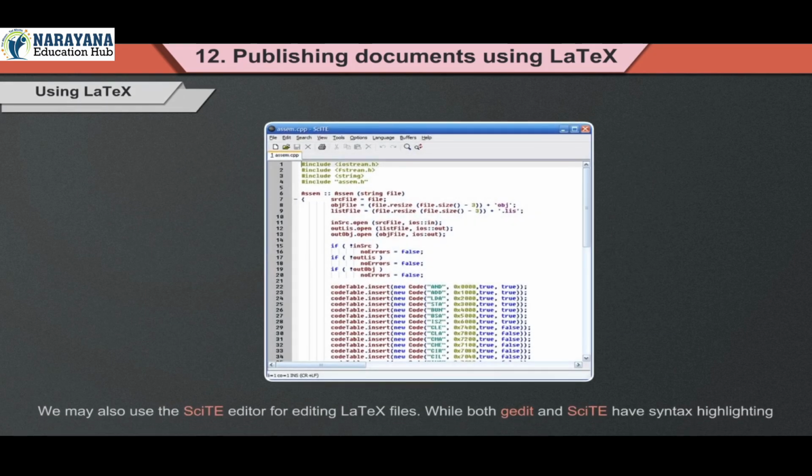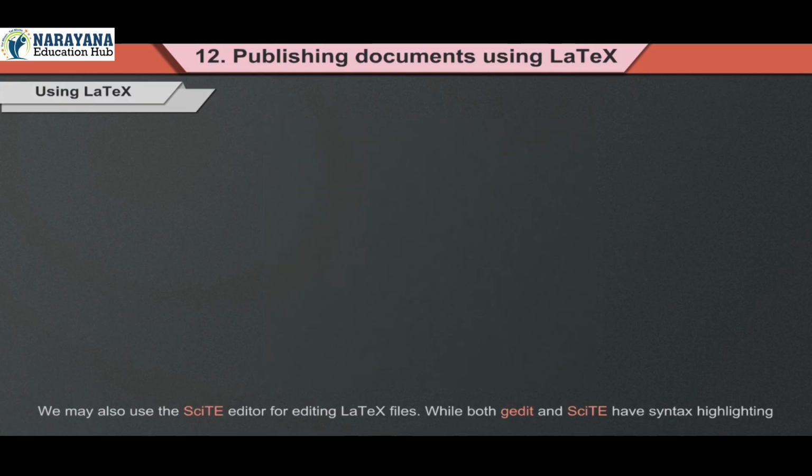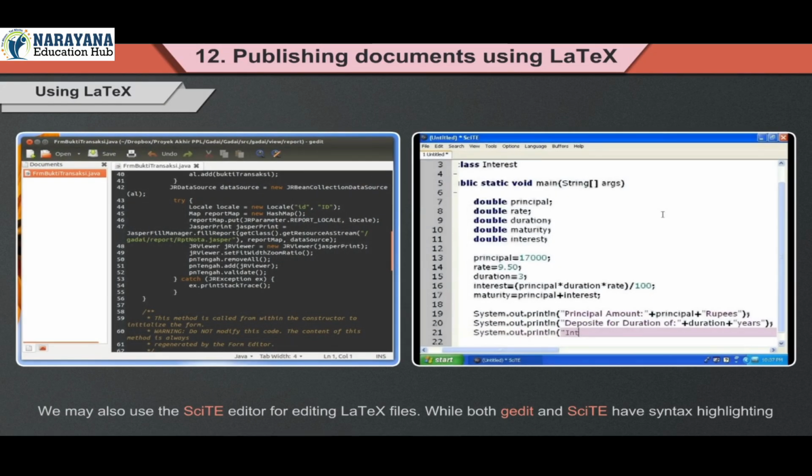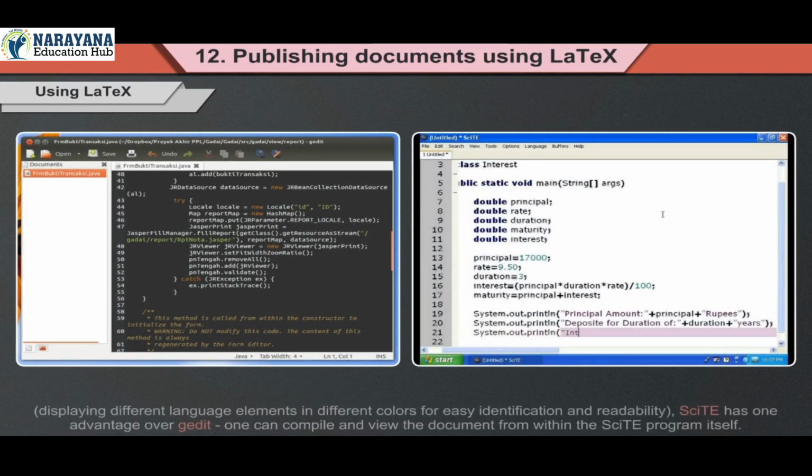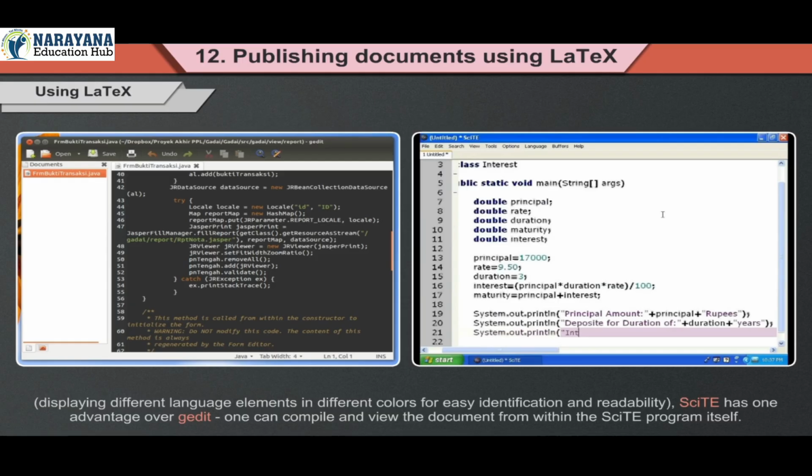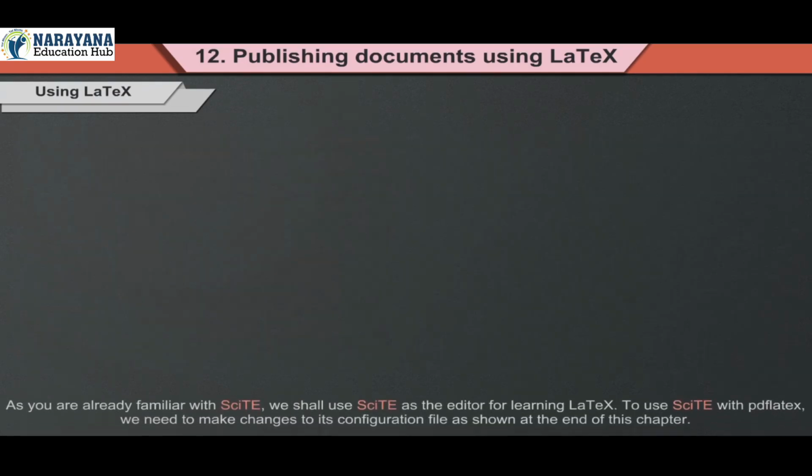We may also use the SciTE editor for editing LaTeX files. While both gedit and SciTE have syntax highlighting, that is displaying different language elements in different colors for easy identification and readability, SciTE has one advantage over gedit. One can compile and view the document from within the SciTE program itself.